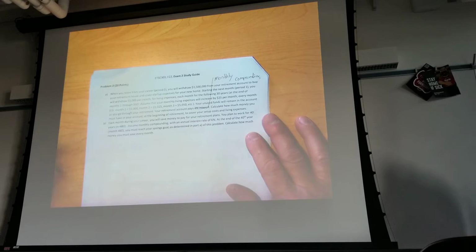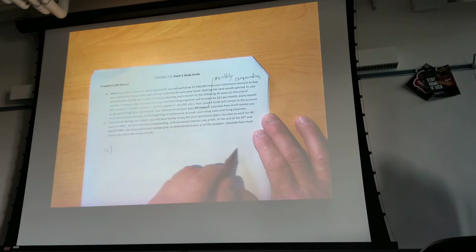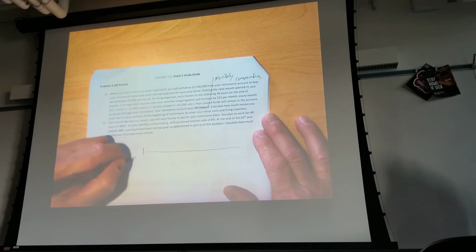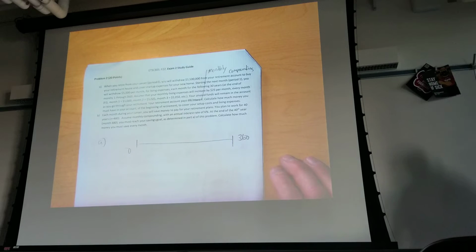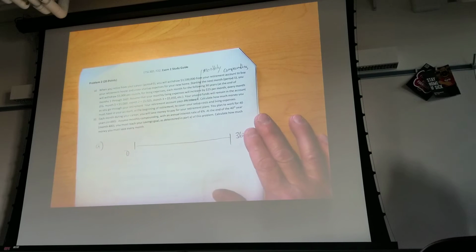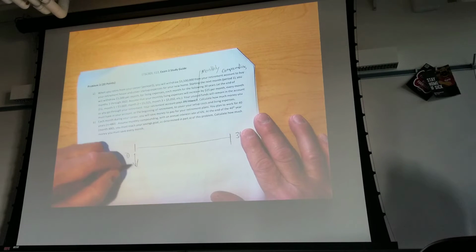Okay, so part A. 30 years, once per month. You need 1.5 million right now.